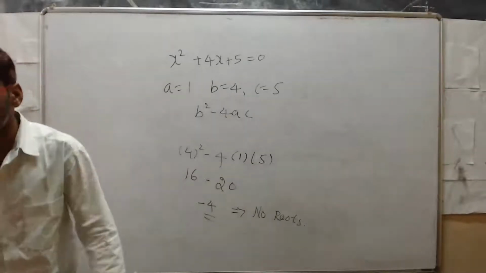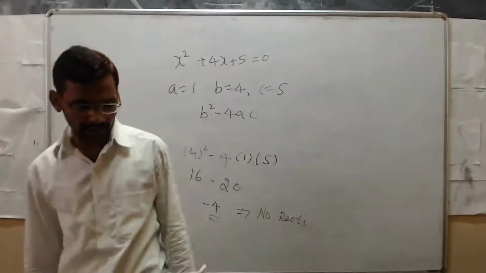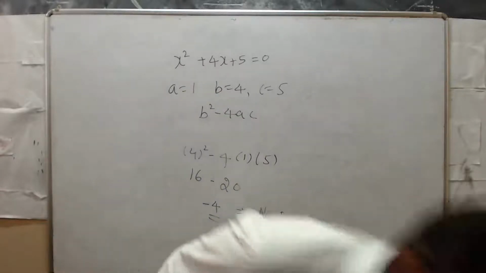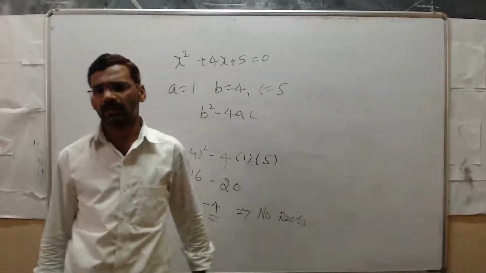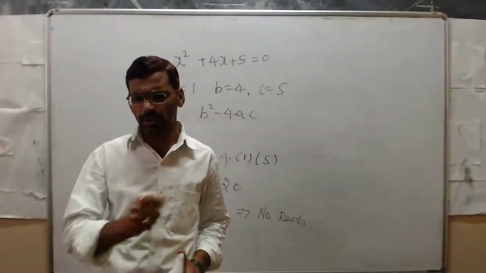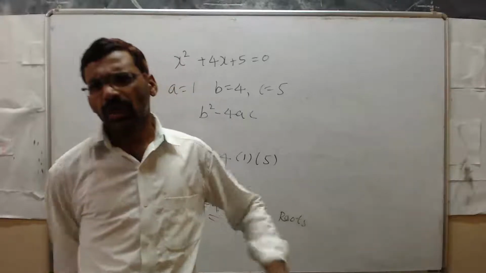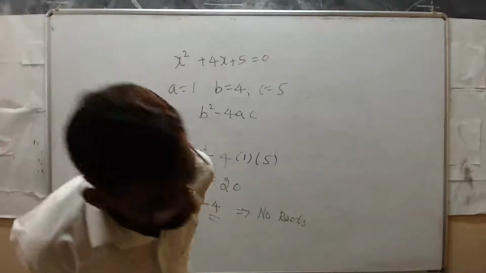When is it possible? If b square minus 4ac is negative, roots do not exist. If b square minus 4ac is positive or equal to 0, then roots exist. If b square minus 4ac is negative, what does it indicate?